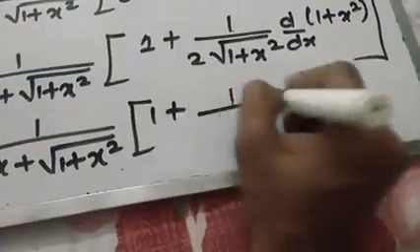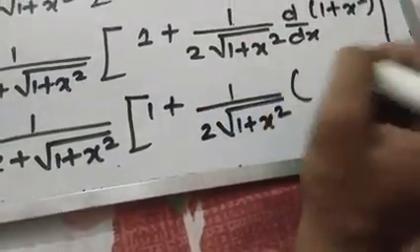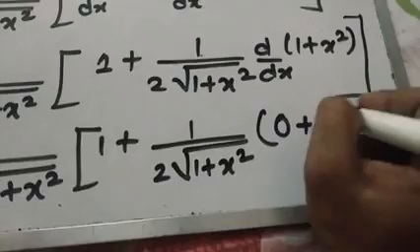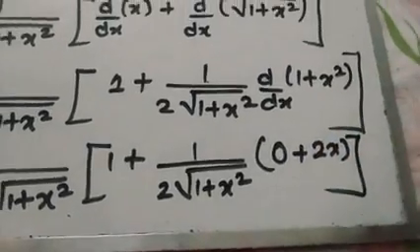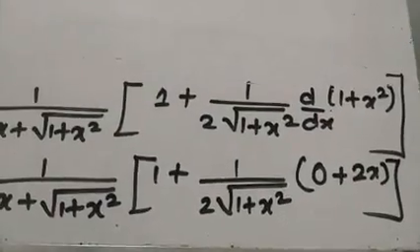1 plus 1 by 2 into root over 1 plus x square. d/dx of 1 is 0, d/dx of x square is 2x. So 0 plus 2x is 2x.